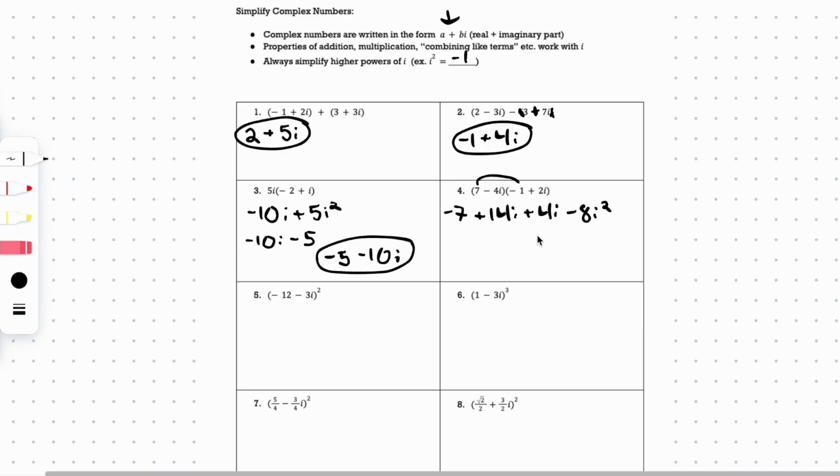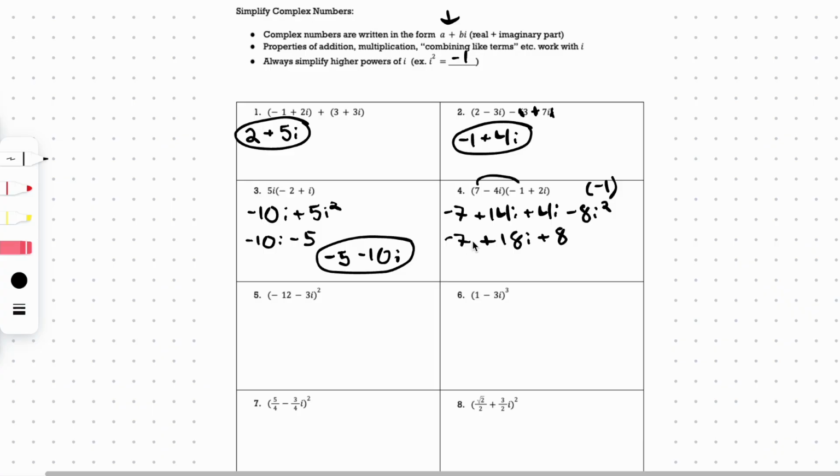Let's combine like terms. So we have -7 plus 18i from these two terms. And then i squared is equal to -1. So we're going to flip this sign out in front so that it's plus 8, right? Because this is just -1.